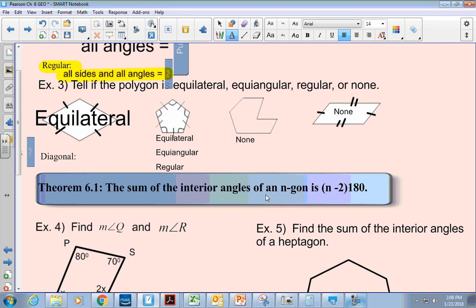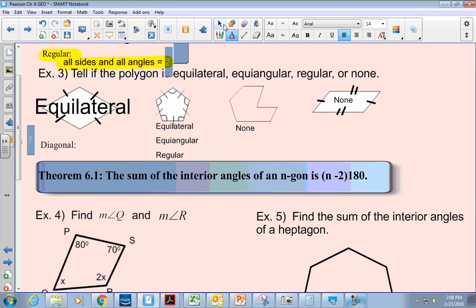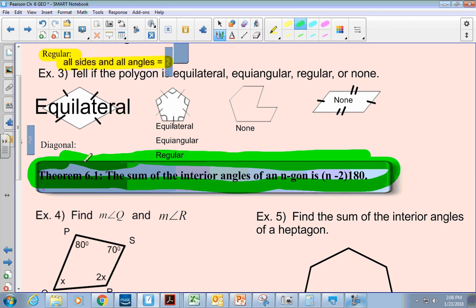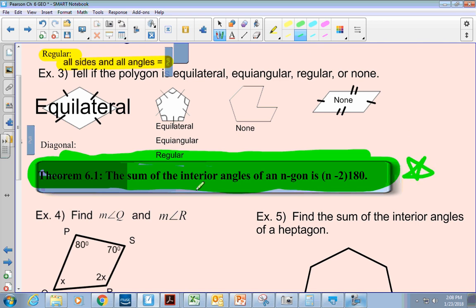All right, here's the good stuff. Here's where we're winning. So go ahead and highlight this theorem. You can do that by circling it, you can put a star next to it, or you can put 2 stars, 1 on each side.